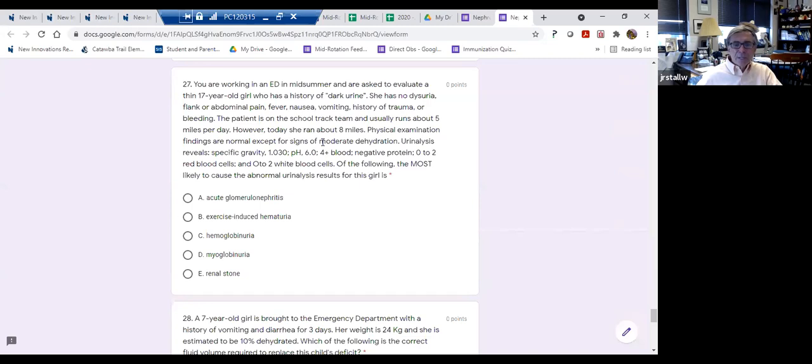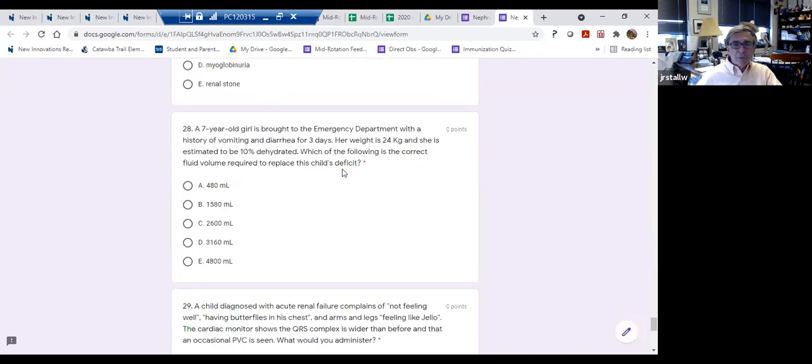Next, 28, 7-year-old brought to the ED, vomiting and diarrhea. She's estimated to be 10%. This is Dr. Holloman's question where you have to do the math. You know how to write the fluids, but notice the question, replace the child's deficit. Not the 24-hour, just the child's deficit.